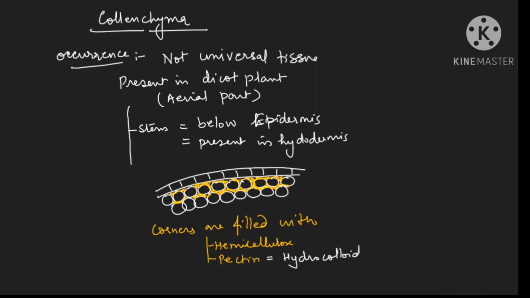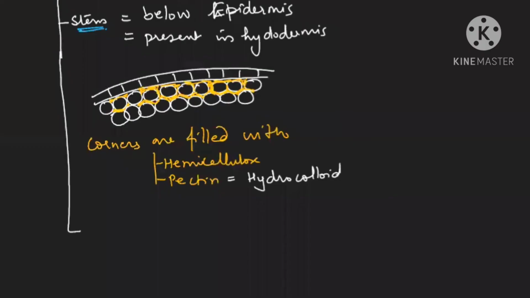So first of all, it is present in the stem below epidermis. Then it is also present in the leaf also. Let me show you. Now try to understand where it will be present in the leaf. Let us assume this is the stem, this is the node area, and this is the leaf. Okay, this is petiole and this is lamina.